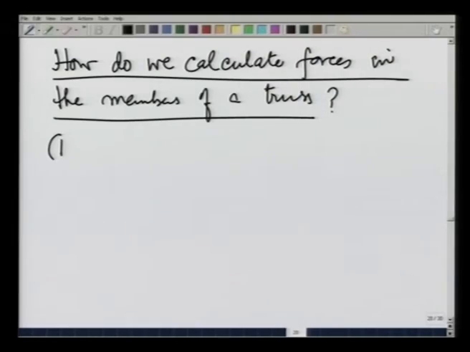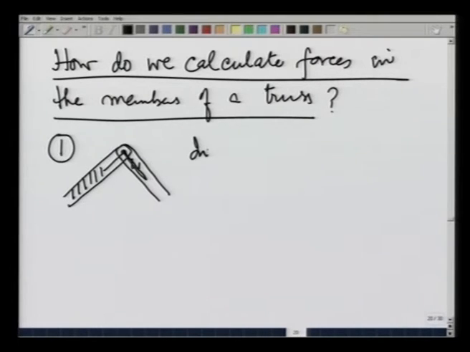Number 1, when these members, which we take to be sort of rods, but are wide enough, when the middle line, wherever it cuts, we are going to take that intersection as a pin joint.